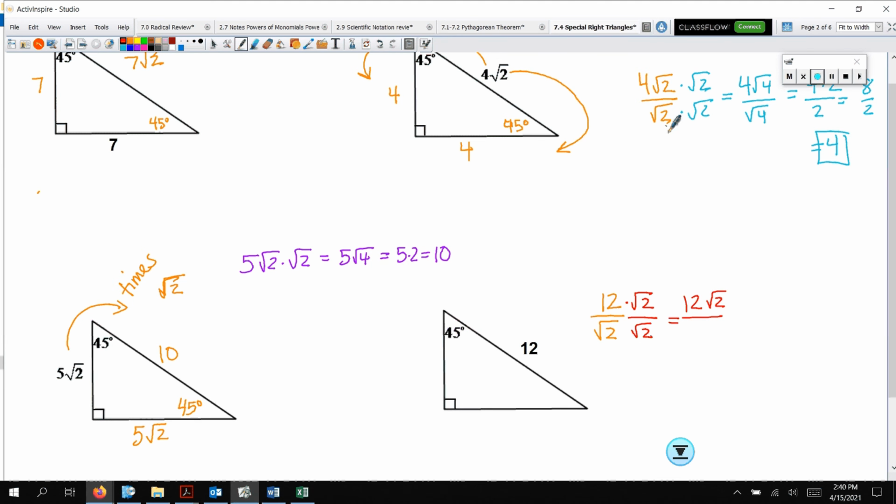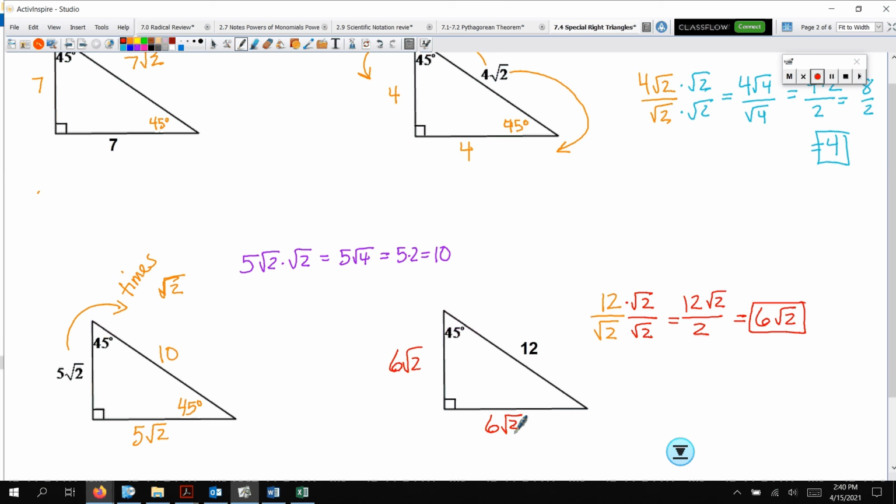See how we had root 2 times root 2, and that ended up giving us positive 2, freeing the number. So this is like squaring it. So let's just free that number. Now I can simplify 12 over 2. 12 divided by 2 is 6, so 6 root 2. That is each of the legs of this special right triangle. 6 root 2, 6 root 2.